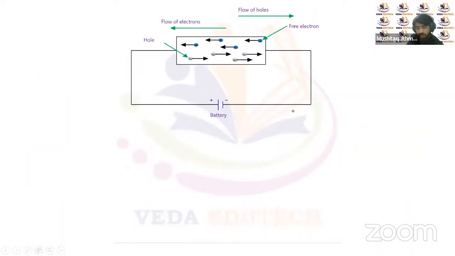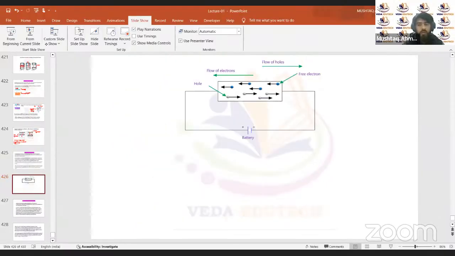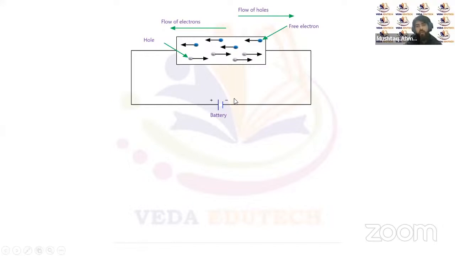Now, if we draw the circuit diagram, let's suppose this is the circuit diagram, where we connect this semiconductor with a battery. There will be two types of conduction: one will be the hole conduction, another will be the electronic conduction.